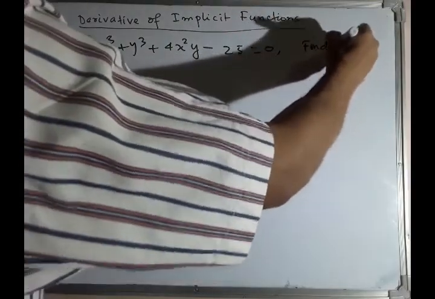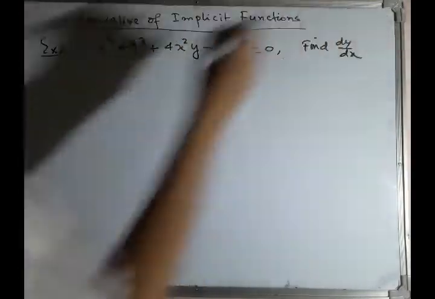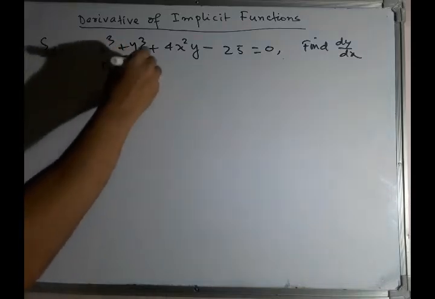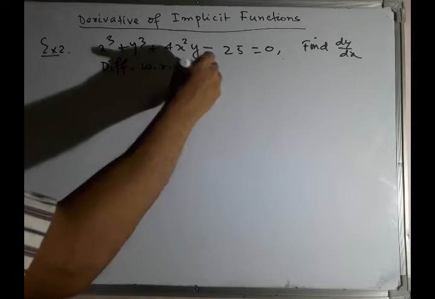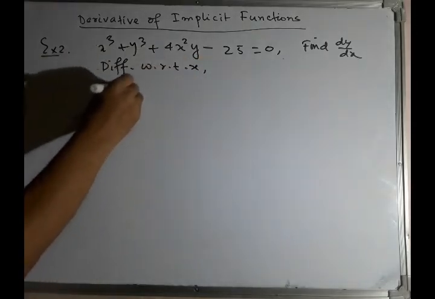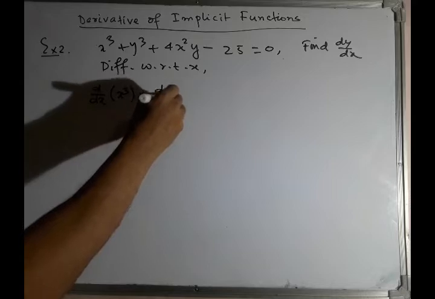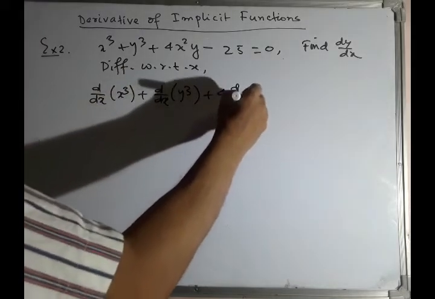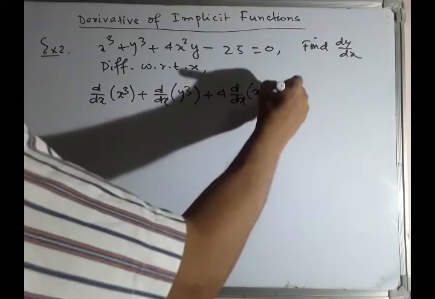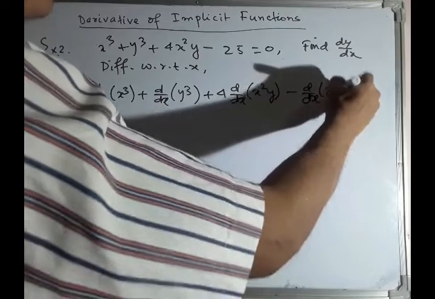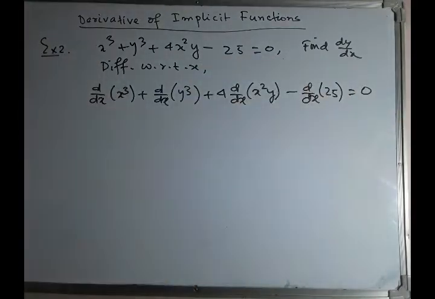Find dy by dx. So here also, differentiating with respect to x, we get d/dx of x cube plus d/dx of y cube plus 4 into d/dx of x square y minus d/dx of 25 equal to 0.